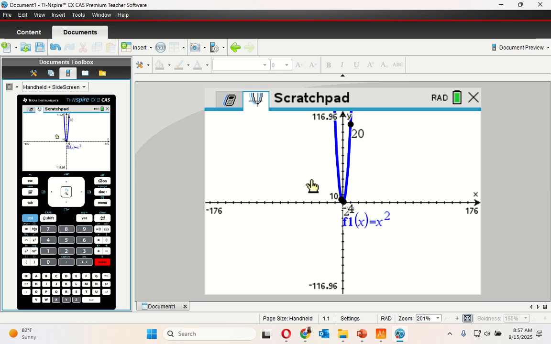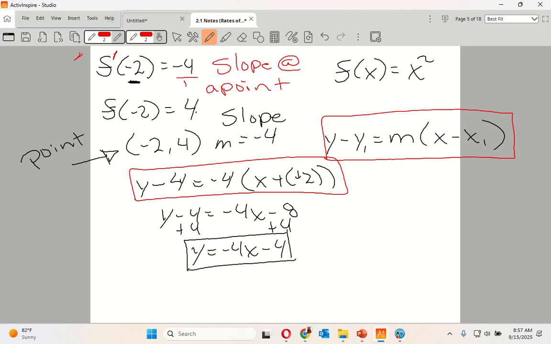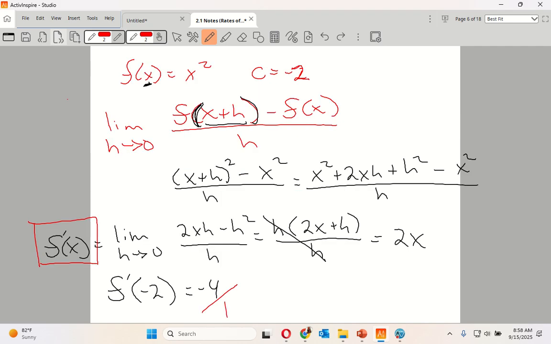So then, with 2x, that's always? 2x is the equation. That's why we call that the f prime. So 2x is the rate of change? This is the derivative.